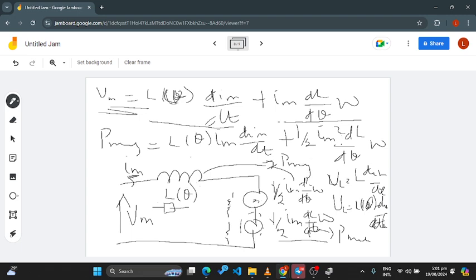So look at it here. The drop over here is just L of theta d Im dt. If I multiply that by the current over here, that's going to give me this part of the magnetizing power. Then if I multiply this current by this guy also, that's going to give me the second part of the magnetizing power. Is that okay?